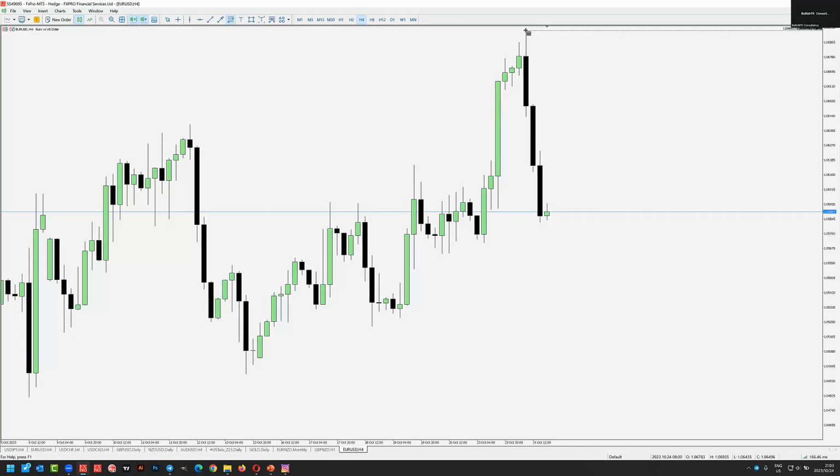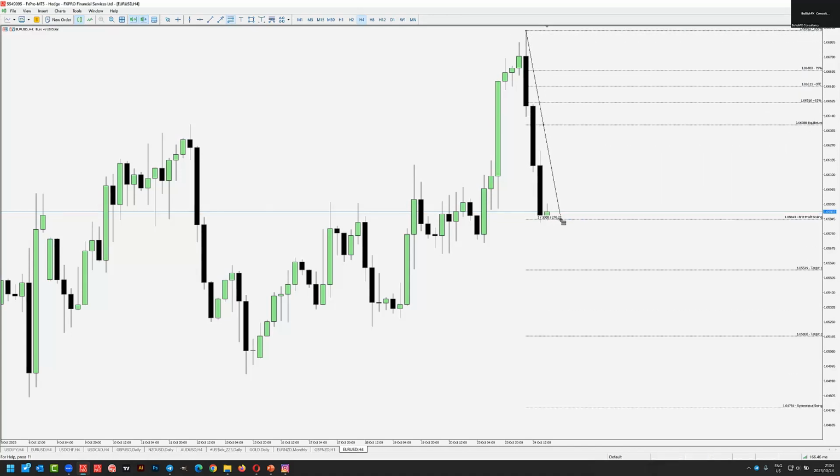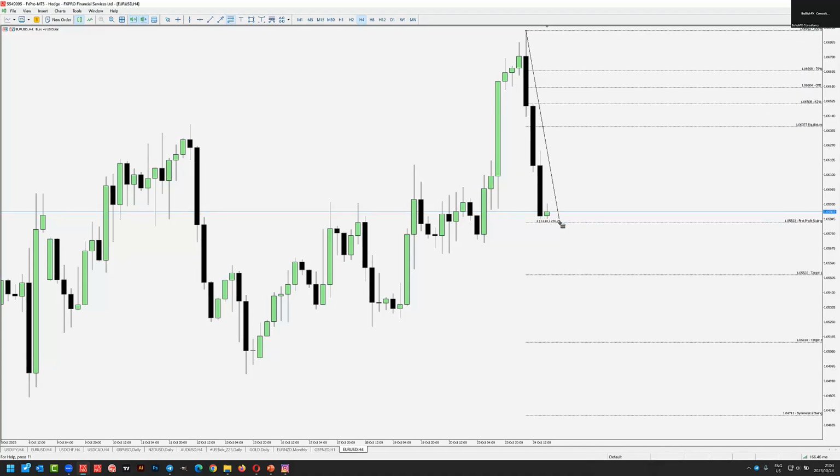See, from this high to the low that was formed by the last H4 candle. You see how I've placed my Fibonacci tools? I want you to do the same thing on your chart, irrespective that you are using the default. They're all the same though. The default fib tools, from high to low.